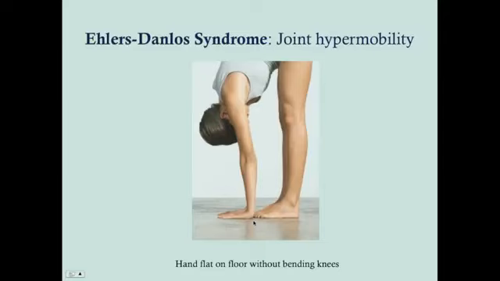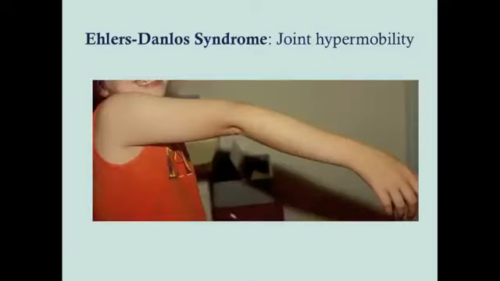That's just showing a little bit of extra hypermobility. So here's another hyperextension at the elbow. So you can probably see these patients are often the ones that are called by lay people as double jointed.